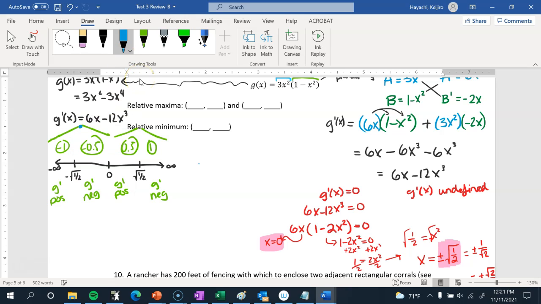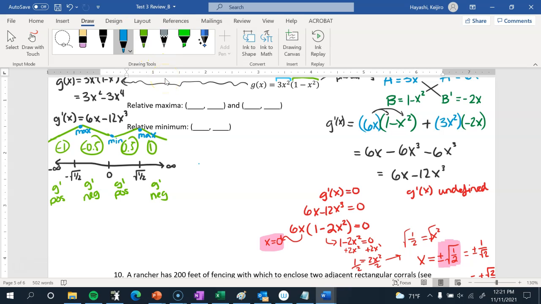So it appears as if here, when it goes from increasing to decreasing, you can sort of tell by the shape, that's going to be a maximum. Here, where it goes from decreasing to increasing, that's going to be a minimum. And at the third critical value, where it goes again from increasing to decreasing, that's going to be a max.